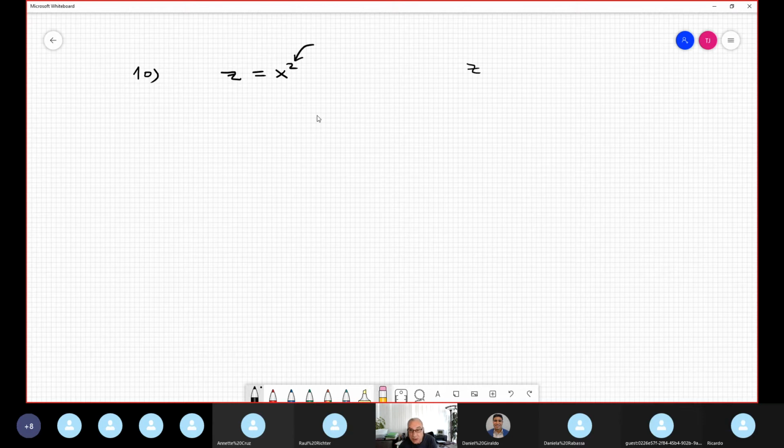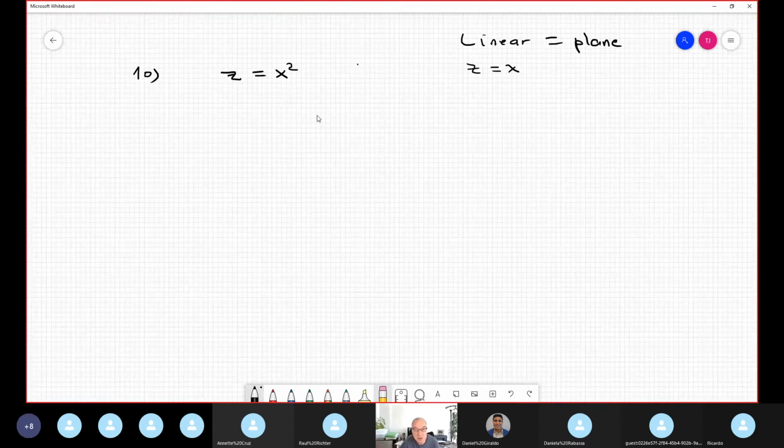I agree with you if it is c equals x. When it's linear, it's a plane. When it's non-linear, it's impossible to be a plane. So the clue that gives me the information that it's not a plane is the square, or another power different from one, like cubic. So what kind? Not a plane. It's a surface.